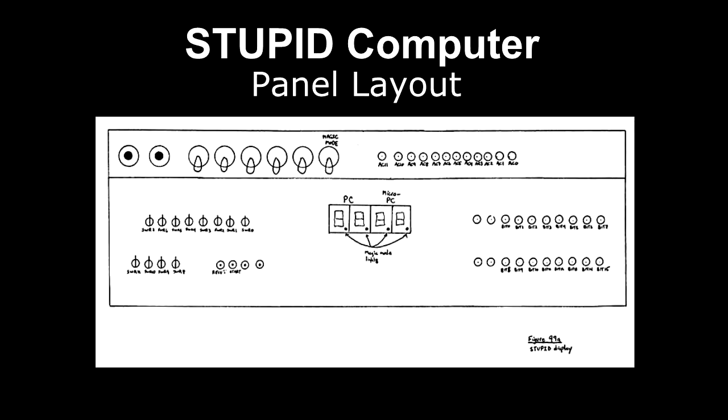I'm guessing it's start. And probably it would increment the program counter or whatever register it was using to access the memory, maybe just the memory address register, and display the next location. And so that's how you would enter a program. Once you got it all entered, then you would flip the magic mode switch off and hit reset again, and then it would come up in normal mode.